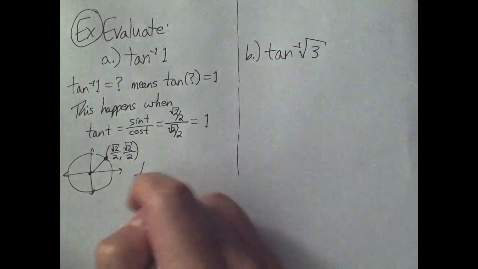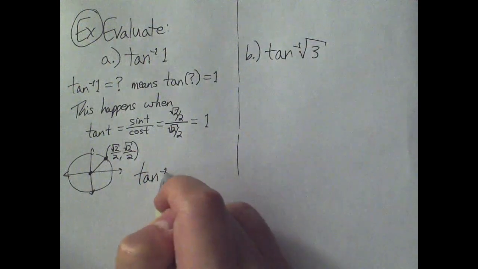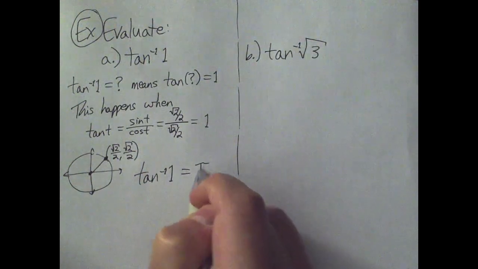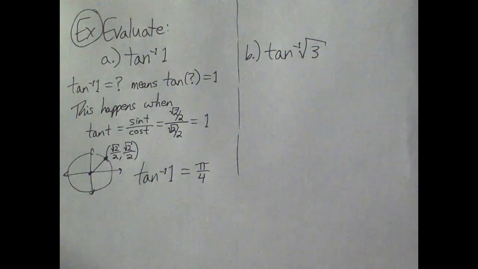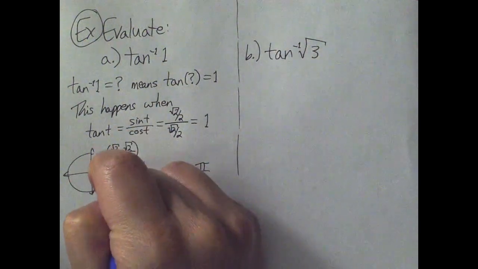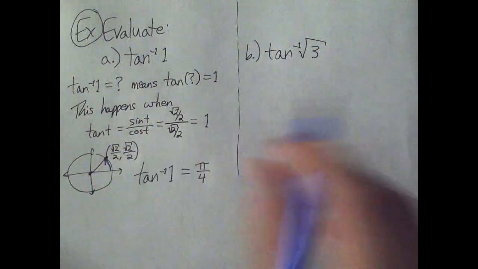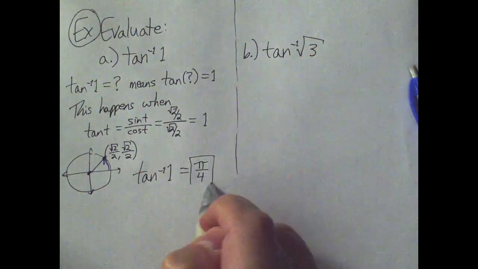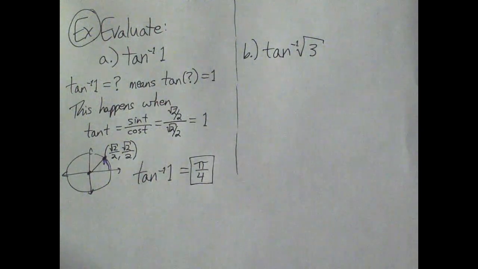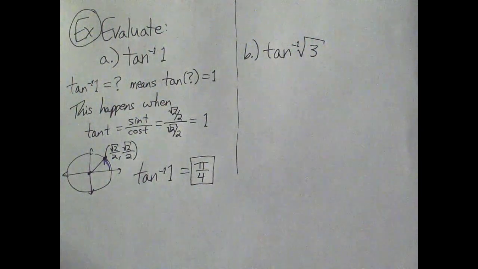So the answer is pi over 4. Pi over 4 is the t-value, right? Pi over 4 is how far around we go to get to that terminal point. Again, these problems only have one answer, so pi over 4 is the only answer.